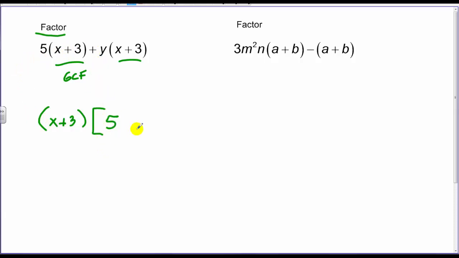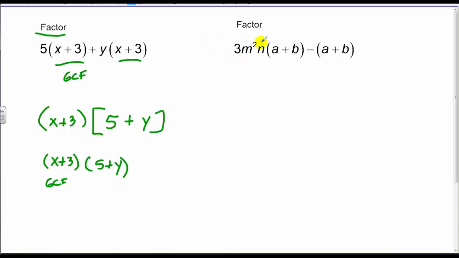And then I'm going to need an addition. So I say x plus 3 times what is y times x plus 3? And that's just y. So really, this factoring can be broken down to x plus 3, which is my GCF once again, times 5 plus y.